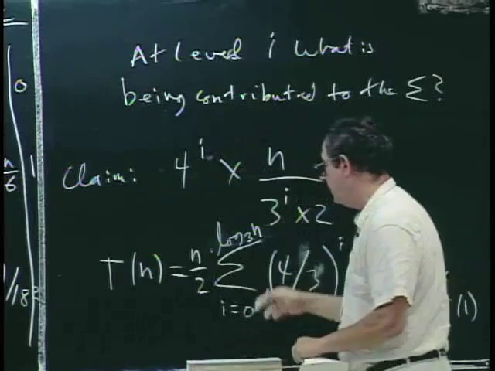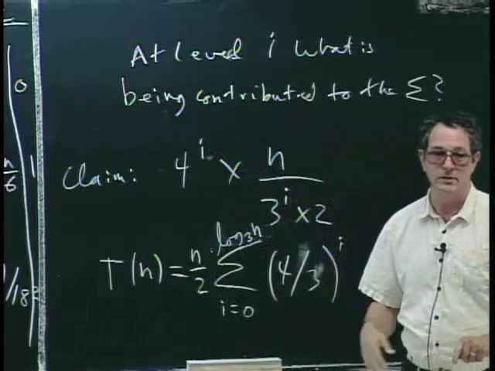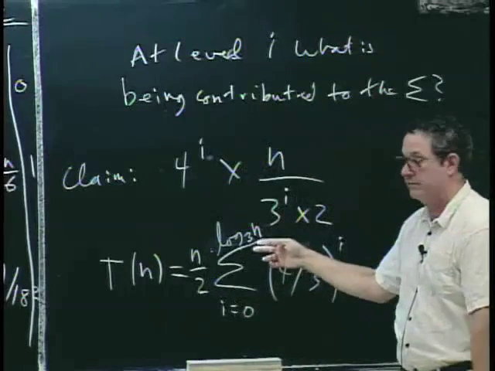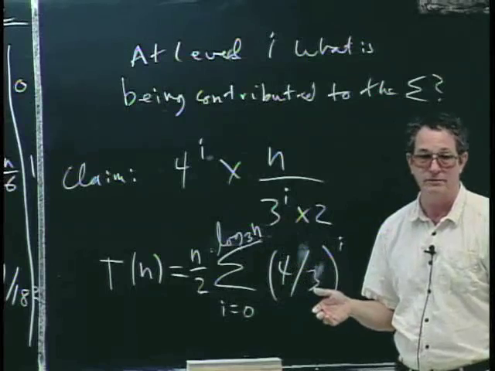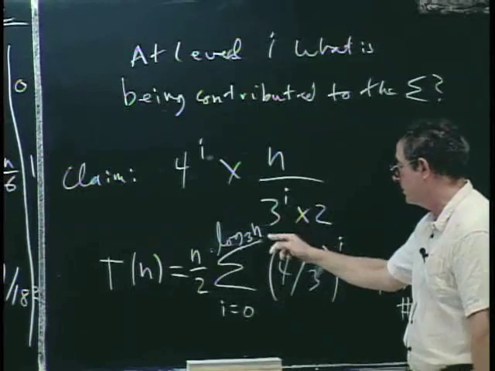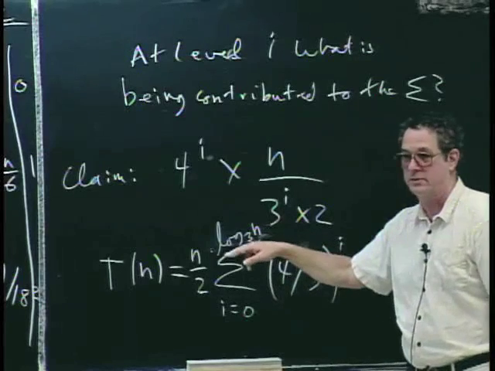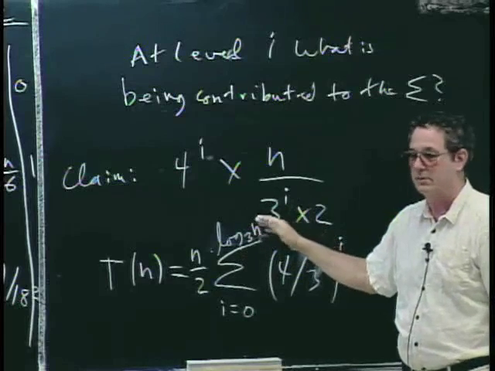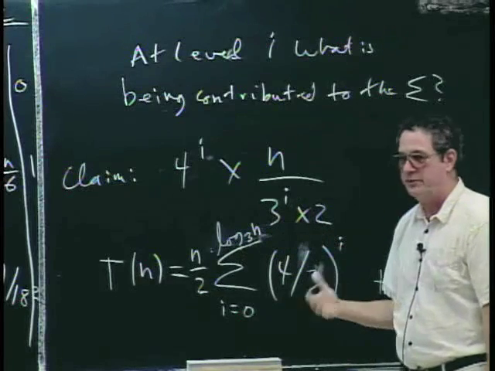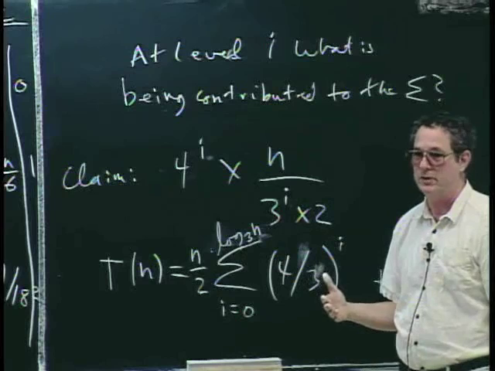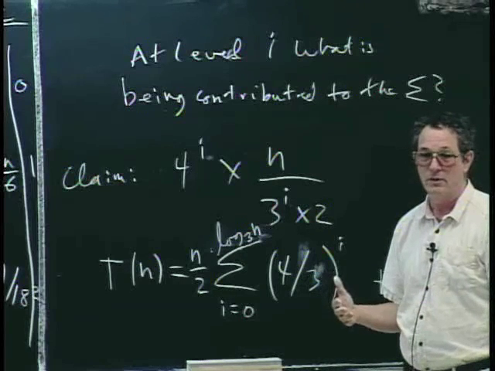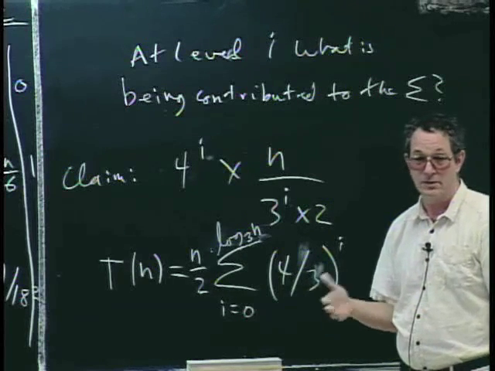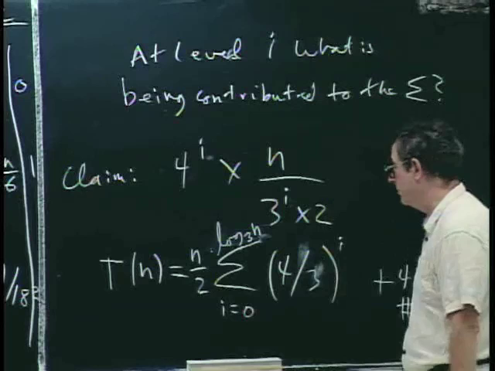Now, everything is nice if you're talking about n being a power of 3, or previously n being a power of 2, and so on. If n was not an actual power of 3, then you'd want to upper round it or lower round it, and so on. After a while, you get a sense of when those roundings matter and when they don't matter. Almost always they don't matter in this class, in this kind of analysis that we're doing.